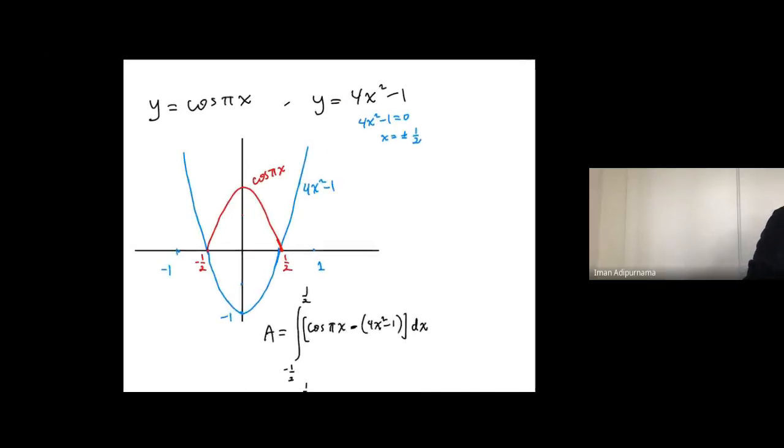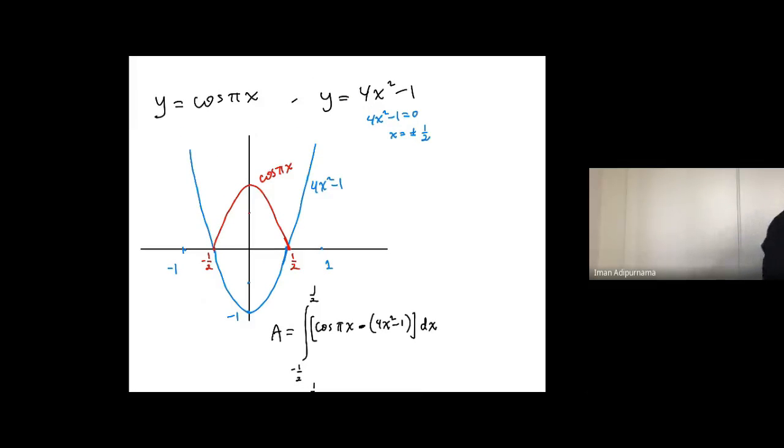So if you have the functions cosine pi x, and the other curve is 4x squared minus 1. In every curve that you will get in integrations, you can at least draw the curve correctly.